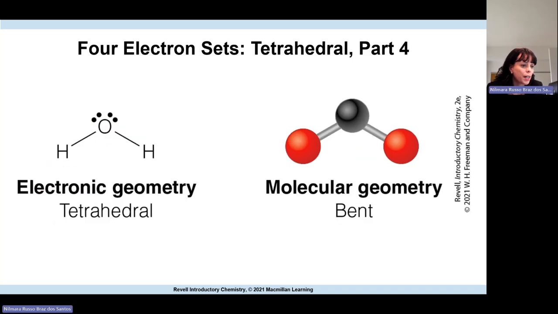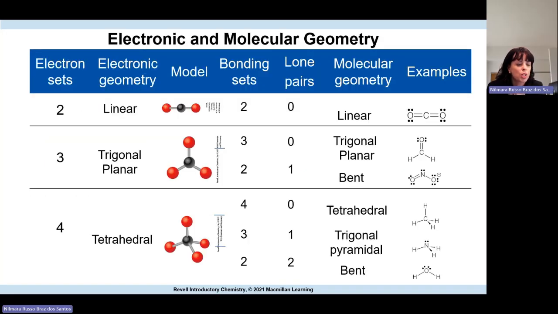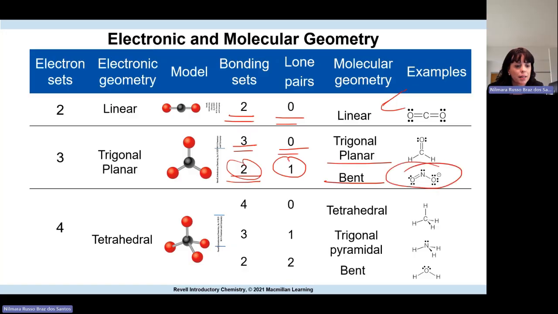Like here, water has 4, right? So we have tetrahedral electronic, and here we have bent. So it's important to know the bonding sets. If you have 2 sets with zero lone pairs, linear; 3 sets with zero lone pairs, trigonal planar; 2 bonds and 1 lone pair, we're going to have a bent like this.